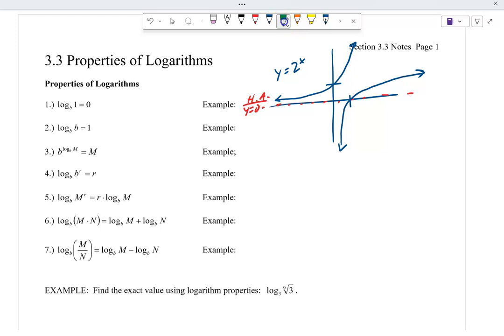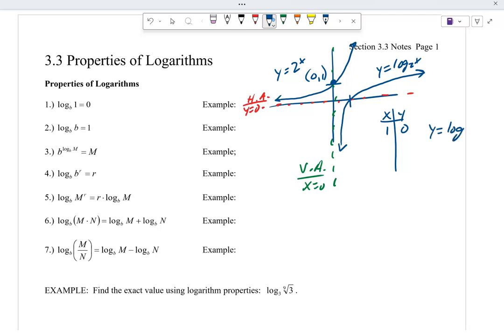Instead of y equals 0, I would have the vertical asymptote x equals 0. And if I flipped all those points, and plug in 1 here, it should spit out 0 instead of 0, 1, right? Because it's an inverse. This is log base 2 of x. So we know log base 2 of 1 is 0.